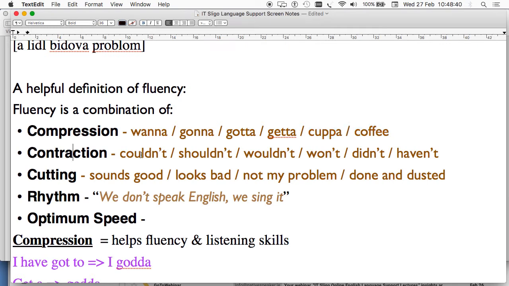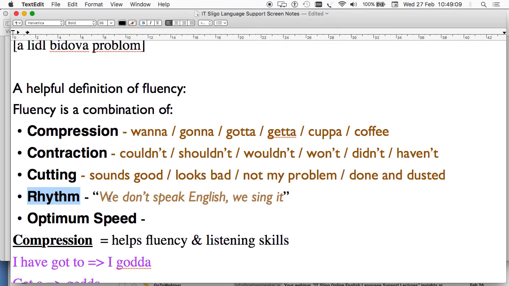Contractions are very important in terms of fluency, like couldn't, shouldn't, wouldn't, won't, didn't, haven't. And cutting, we sometimes cut words out. For example, instead of saying it sounds good, we say sounds good, looks bad, not my problem. We don't say this is not my problem. Sometimes in fluency we say not my problem. It is done and dusted, which means finished. We just say done and dusted.